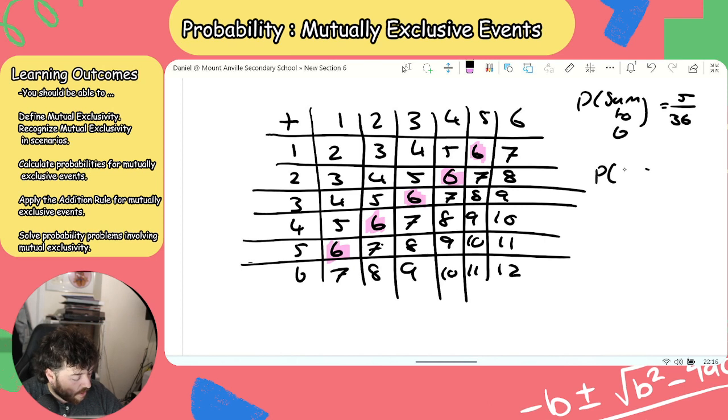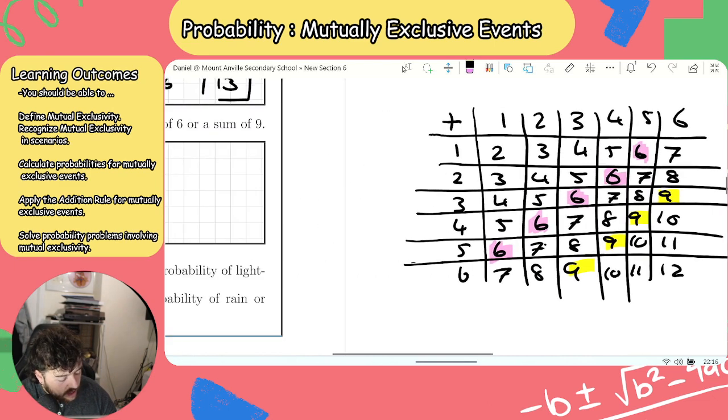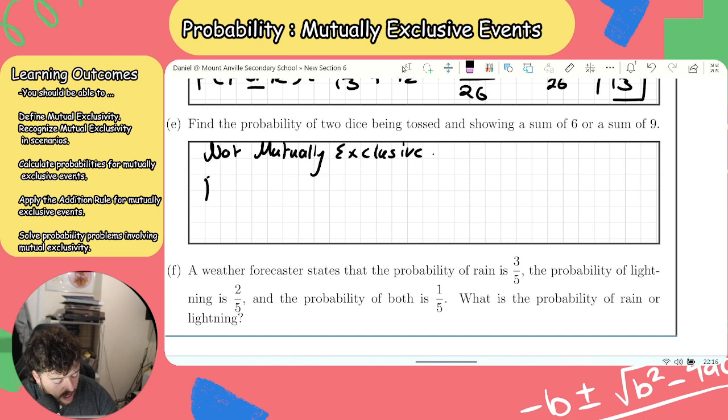The probability of a sum of 9 is going to be, I only have 4 possible ways I can add up to 9. So it's going to be 4 over 36, which is 1/9. So now, since these are mutually exclusive events, I can just add them.